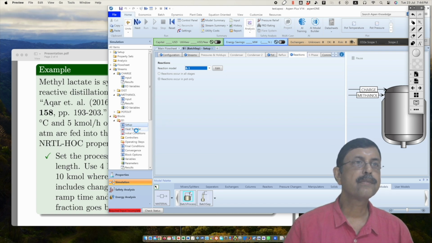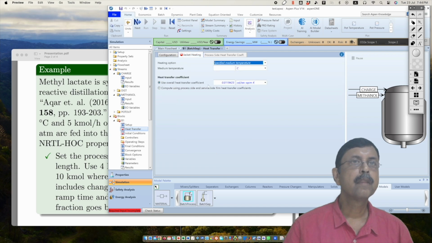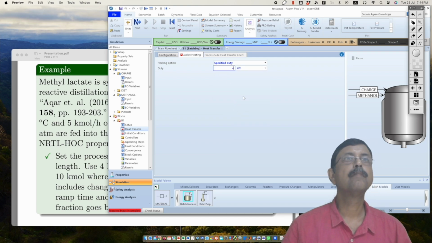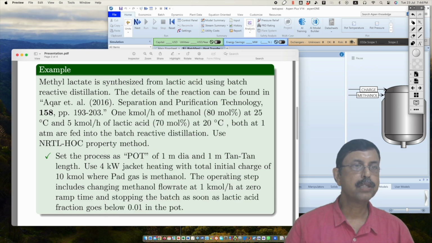Go to heat transfer, and in the heat transfer we have to put the jacket heating, and specify the heat duty, which is 4 kilowatt. So heat transfer is set.